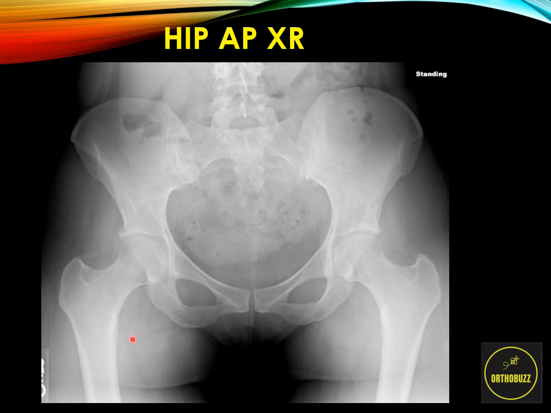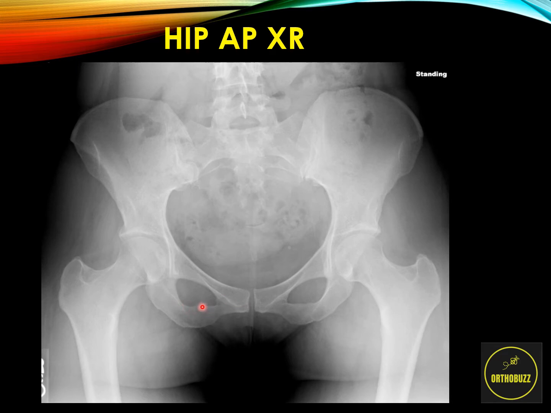The lesser trochanter is less visible over here, and then the proximal femoral diaphysis or shaft. We can see the superior pubic ramus over here, inferior pubic rami over here, the obturator foramen over here, and over here.